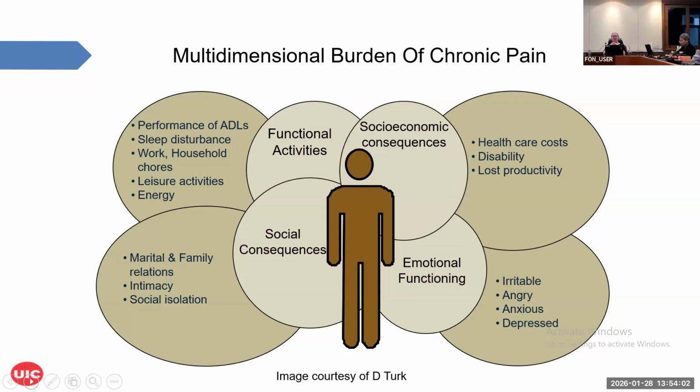And then again, the emotional functioning, the irritableness, the angry, anxious, depressed. So you can see that there really is this multi-dimensional burden of chronic pain that affects just every aspect of a person's life.